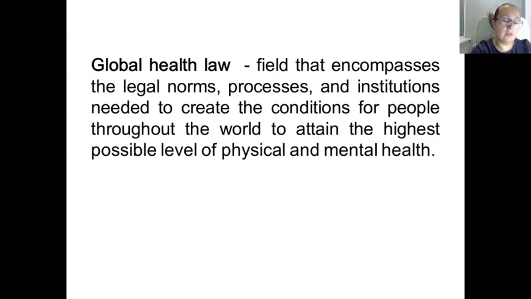So from the part of international regulation of some diseases and global problems, to the problems of individuals such as patients and medical workers, to the way of looking for diplomacy in the world among the countries to solve all the problems which are on the way of global health law.